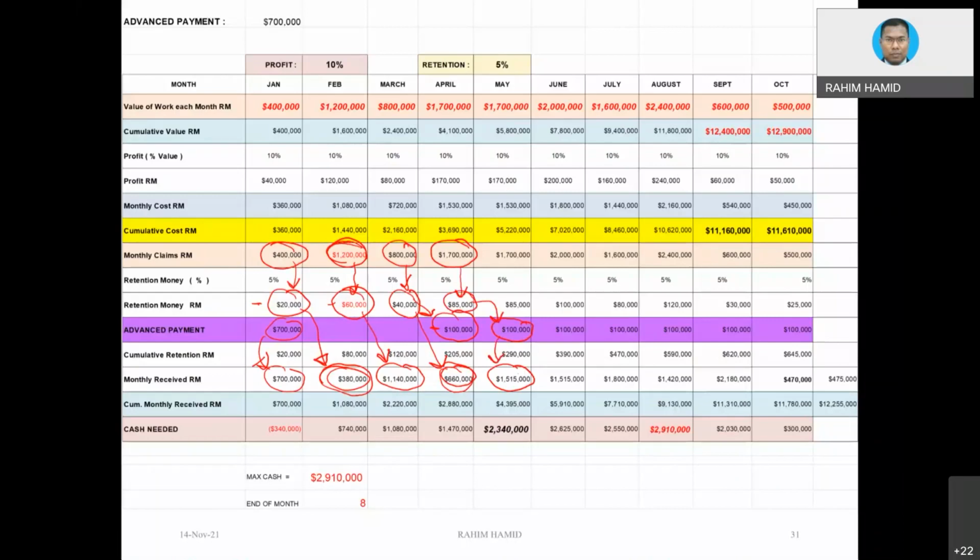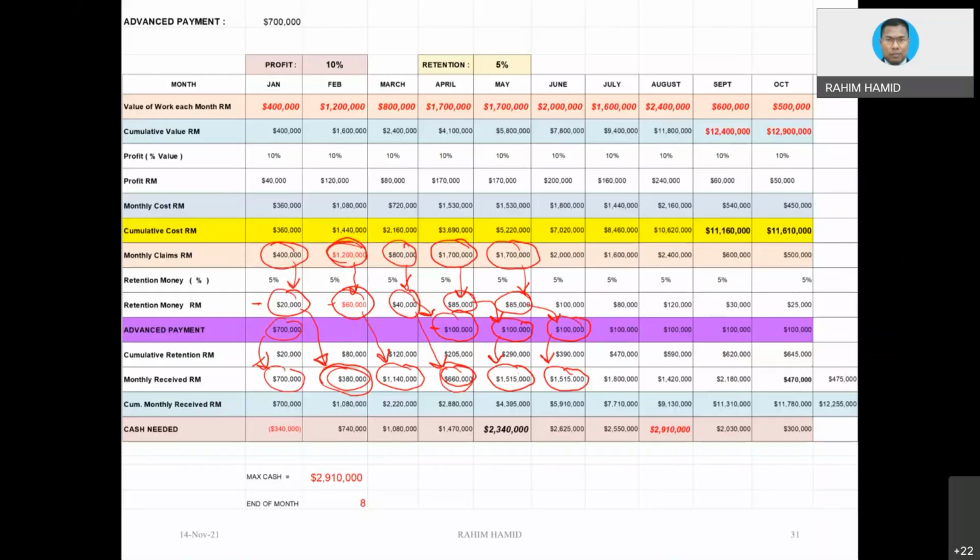Okay, so again, 1.7 million, you deduct with this thing, and then you deduct with this value, 100,000, then only you are going to get this value. So that is the calculation for the rest of the months.